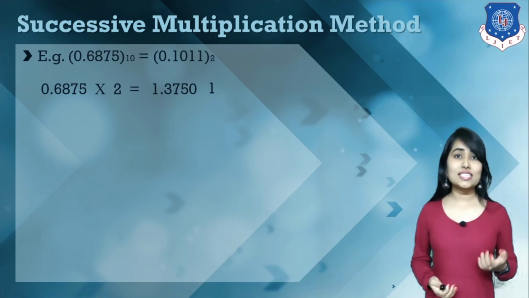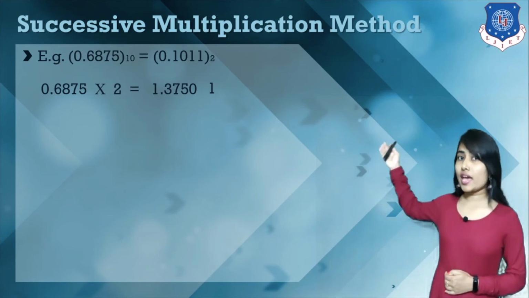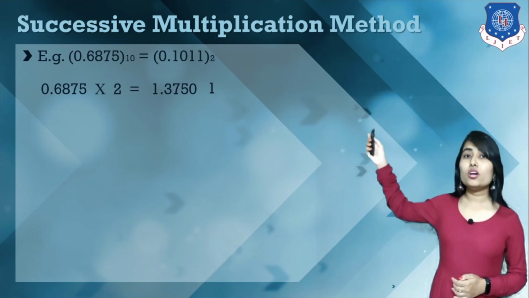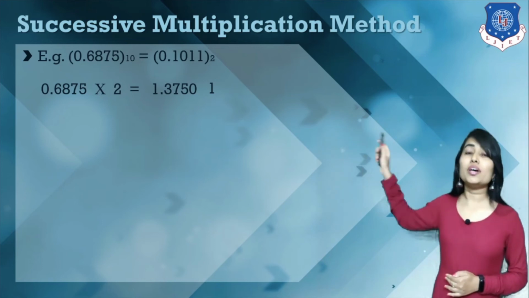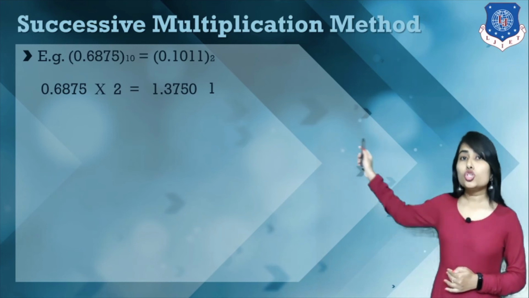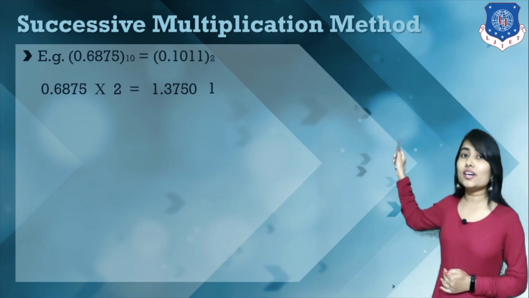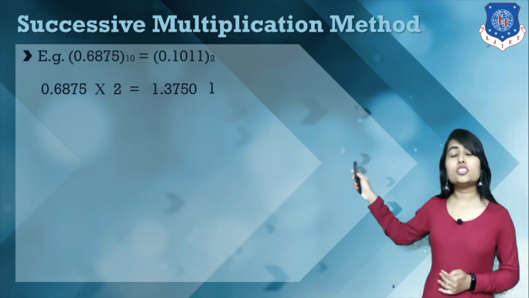So 0.6875 into 2, we have 1.3750. So 1 is an integer number and 0.3750 is our fractional value. So write this integer number aside, which is our answer bit, and again multiply this fractional value.